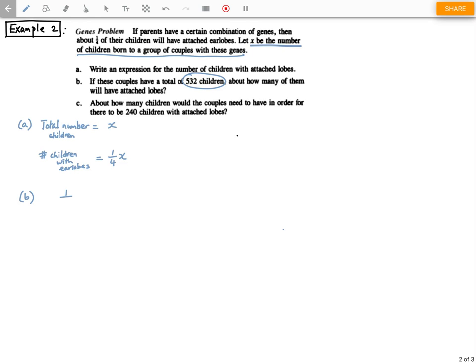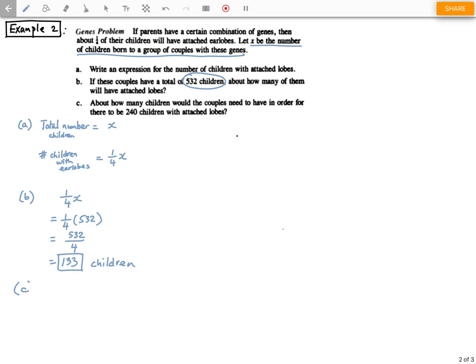So 1/4 X. So 1/4 times 532 total children. 1/4 of them will have earlobes. So 532 divided by 4. And you do the arithmetic, and that becomes 133. So 133 children.